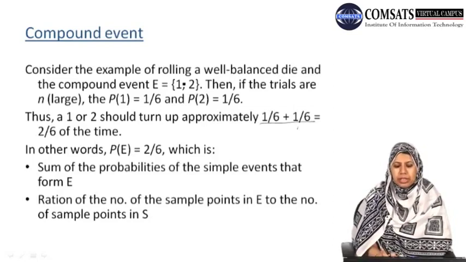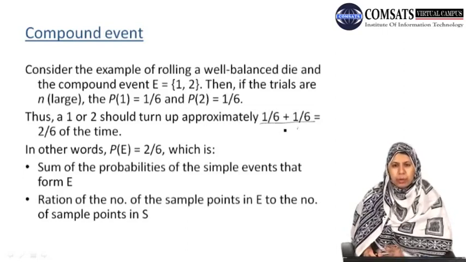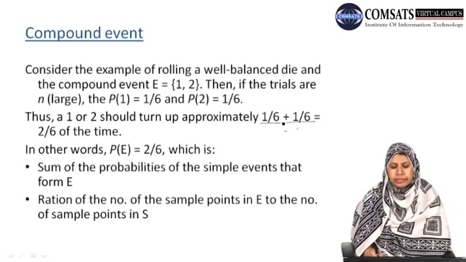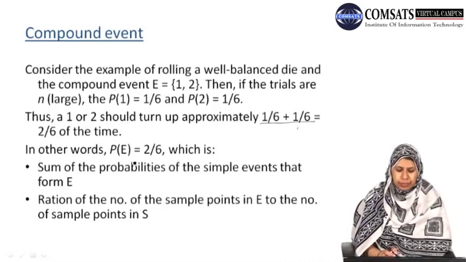That is, the probability that 1 will occur is 1 by 6. The probability that 2 will occur is 1 by 6. And we are simply adding the probabilities of the simple events from the sample points of E, and we obtain the probability of the whole compound event.